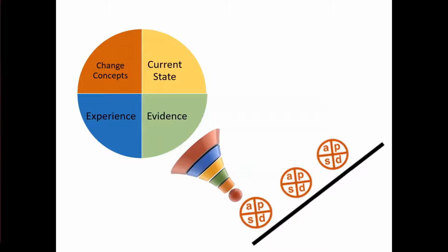So you have all those places to get your information from and generate change ideas from, which is really great. However, it all boils down to and funnels into those small tests of change. So what is it that you're going to test? What will have the biggest impact? Those small cycles of test are really where the hard work is done.